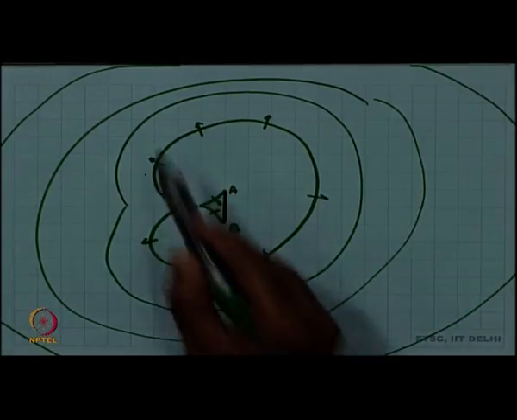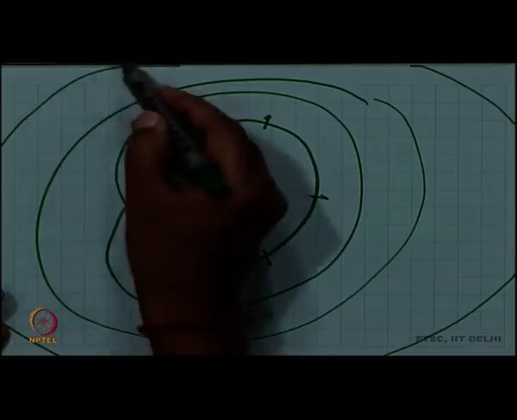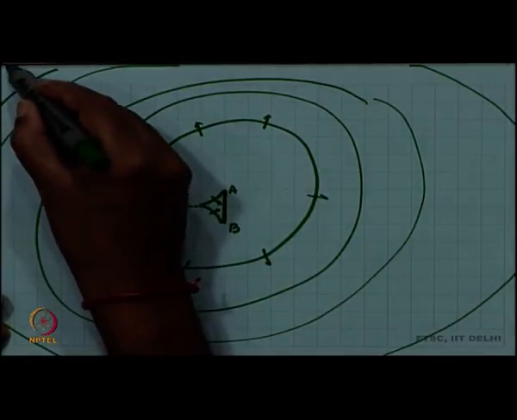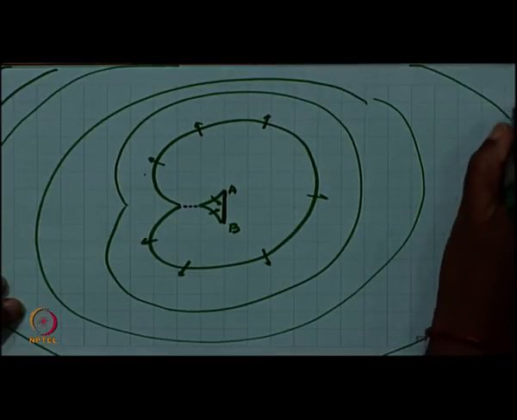So, now you can see some part of the dislocation has gone out of the slip plane, out of the crystal, and finally, these segments which are left will also keep moving in that direction and will come out.